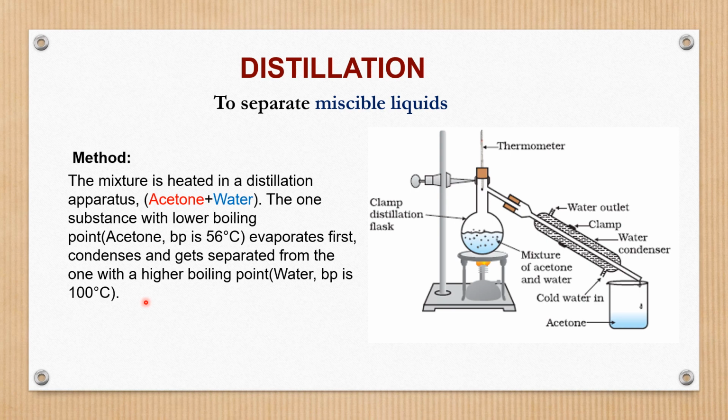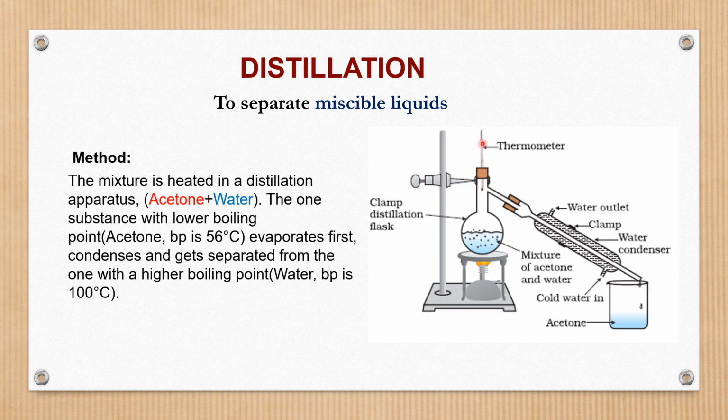So this apparatus is used for distillation. The mixture of acetone and water is heated in this round bottom flask, or we can call it an RB flask. When we heat it, the mixture starts to boil. You know that acetone boils at 56 degrees Celsius, so we put one thermometer here also.